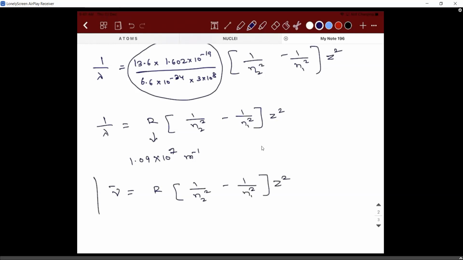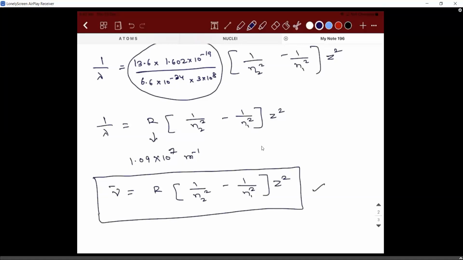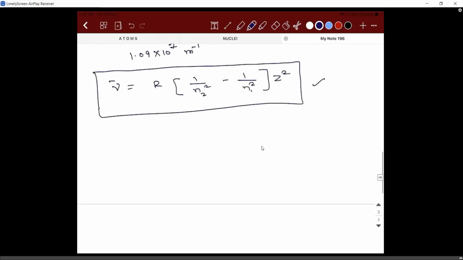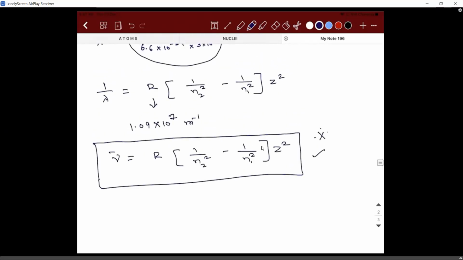This is the formula they used. Okay, remember this. This is used in many problems. When we discuss problems, I'll explain it.